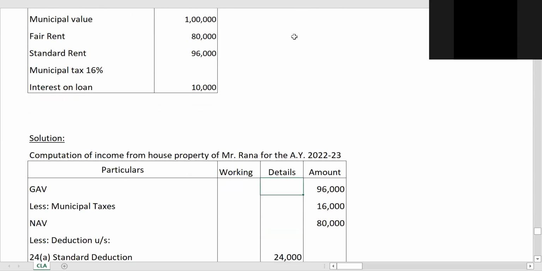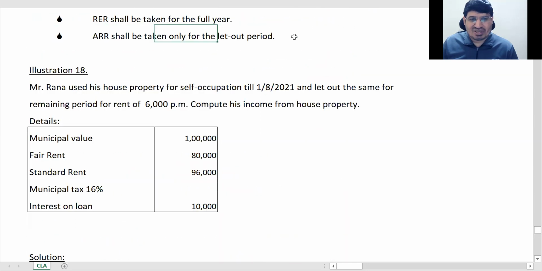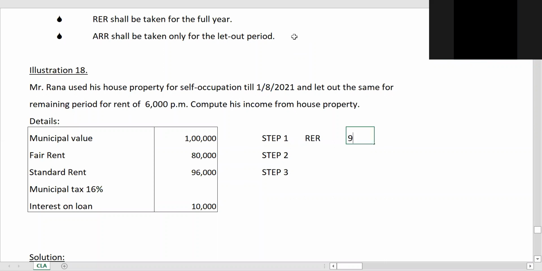This is GAV. This is like all those 4 steps together. So it is your step 1, step 2, step 3. There's no step 4, right? No vacancy. So what is your step 1, RER? Higher of these two is 1 lakh. Lower of these two is 96,000.